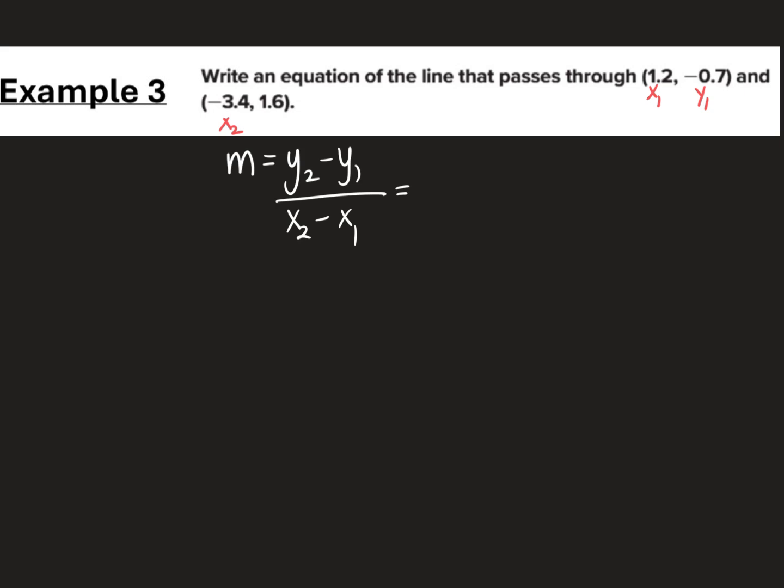The second x you see, the second y you see. And I am going to fill in what I know. y2 is 1.6 minus negative 0.7. x2 is -3.4 minus 1.2.